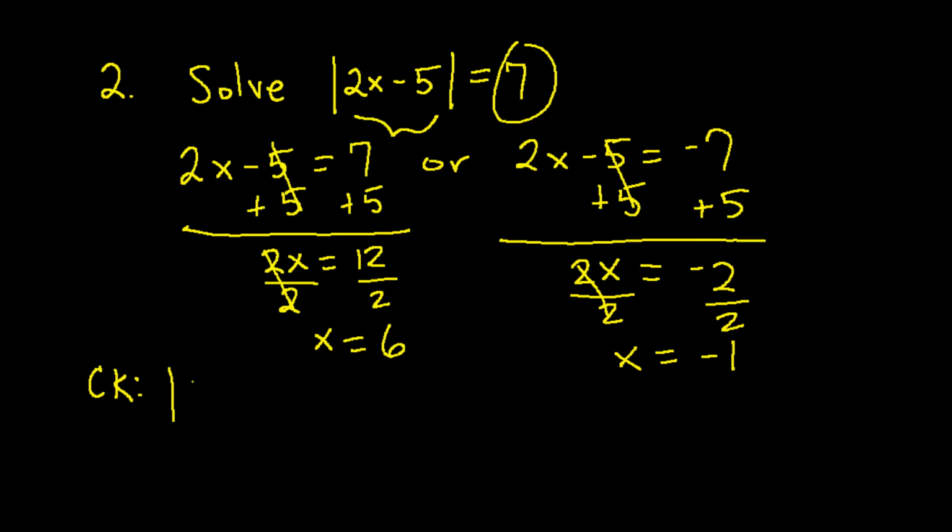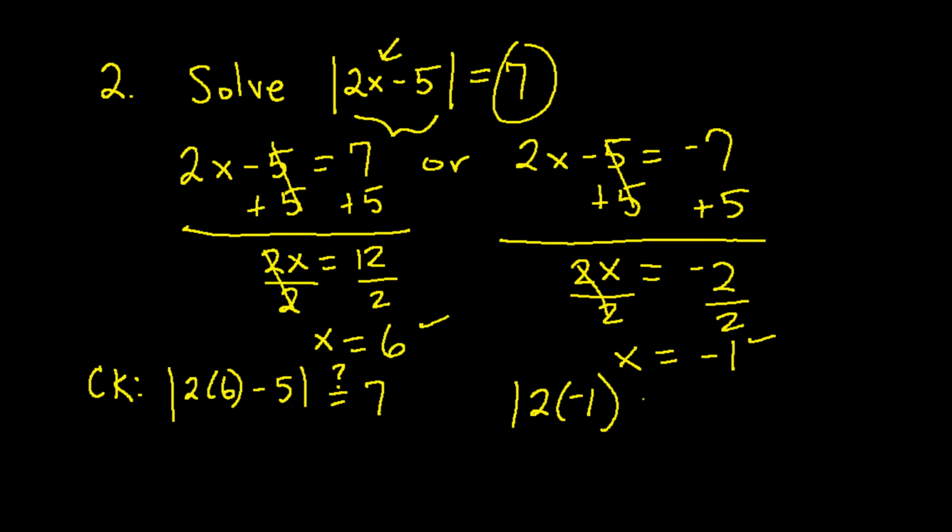2 times 6, if we put in a 6 here, minus 5, should equal 7. And absolute value of 2 times -1, both of these answers we need to check them, minus 5, and that should equal 7 as well.